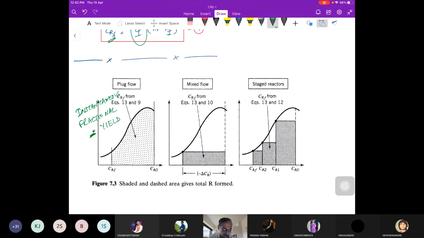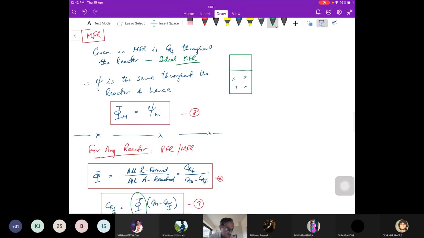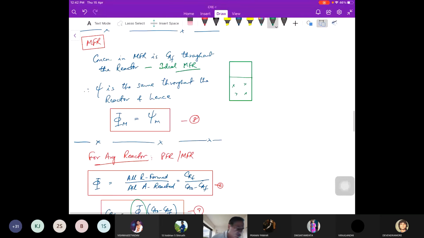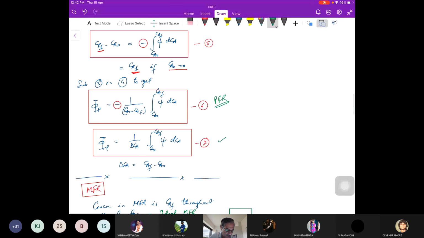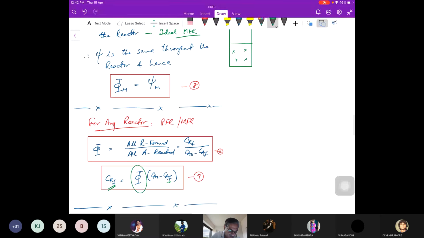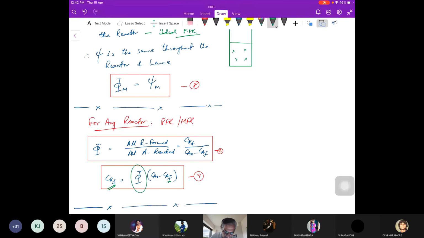For the mixed flow reactor, again 13 and 10. What was 10? 10 was this. So let me put this as 13.